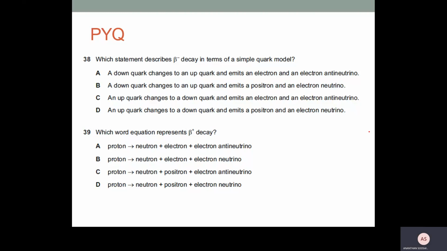So B: proton changes to neutron, positron, electron neutrino. So these are the two main formulas, very frequently tested.